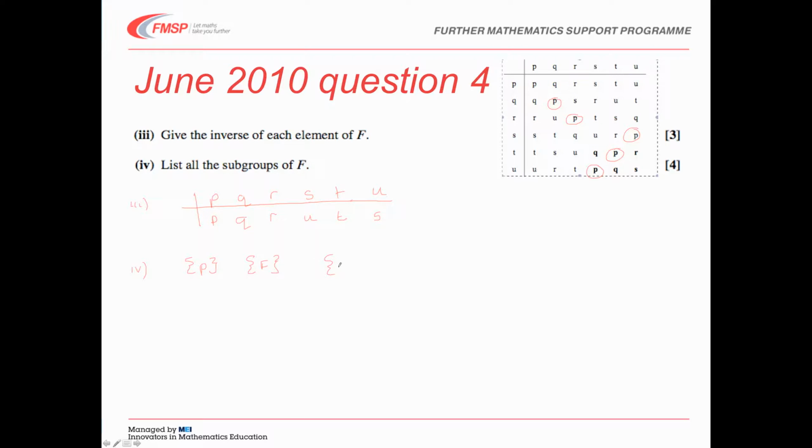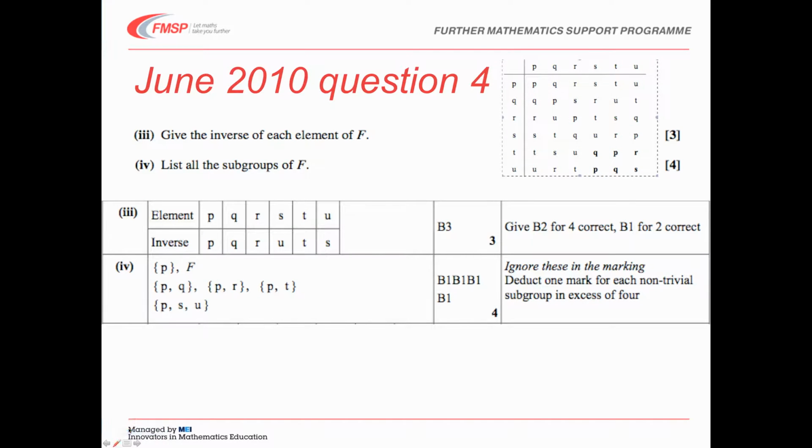And 2, we said, are the self-inversing ones, so P and Q, and P and R, and P and T. And that conveniently leaves us with P and U and S. And U and S are self-inversing, so U times S is P and S times U is P, so that is going to give us a subgroup of order 3. Okay, and there can't be any of other order. We haven't got any other elements to put into another subgroup of order 3, so we can be fairly confident that we've got all the subgroups there.